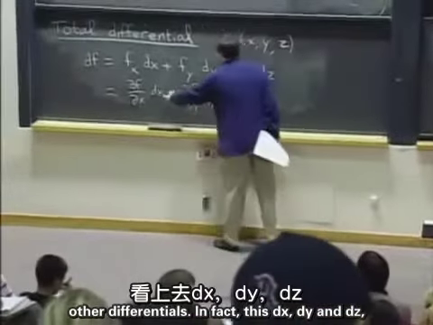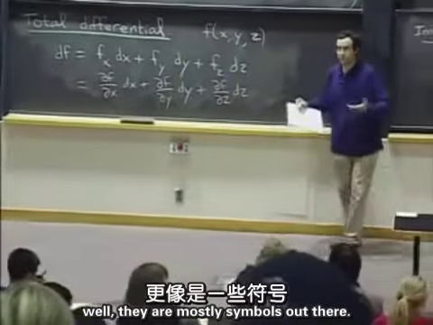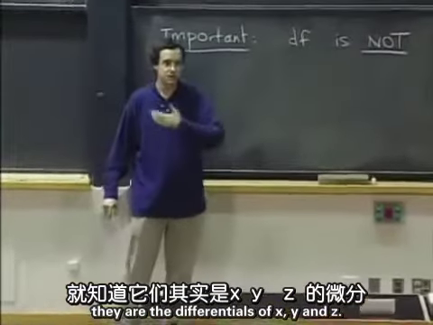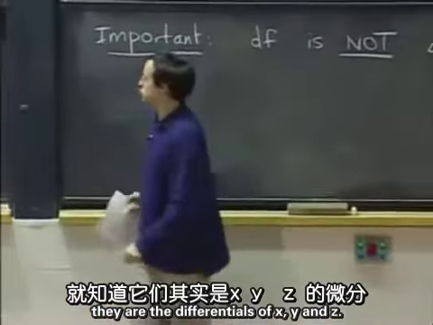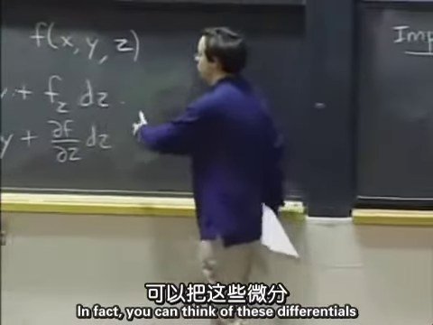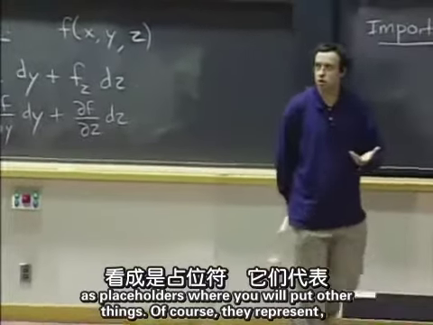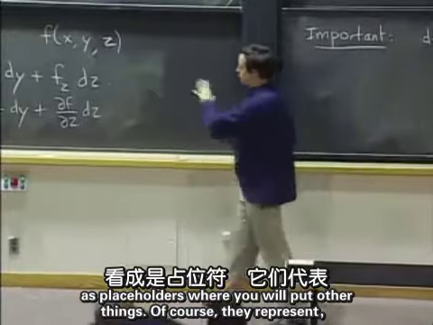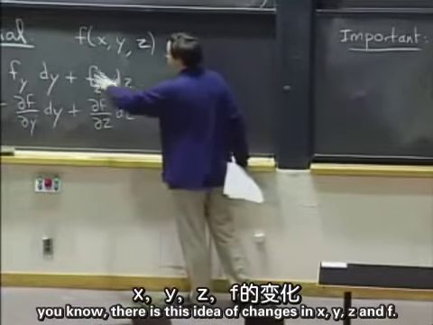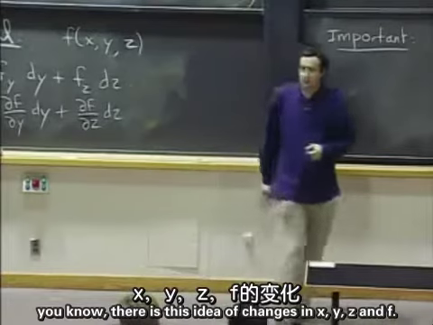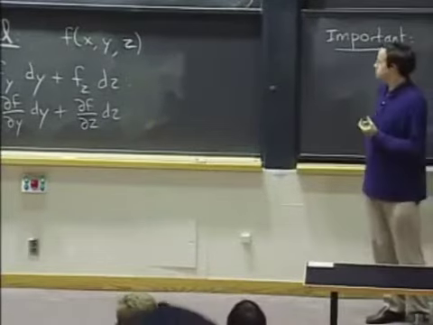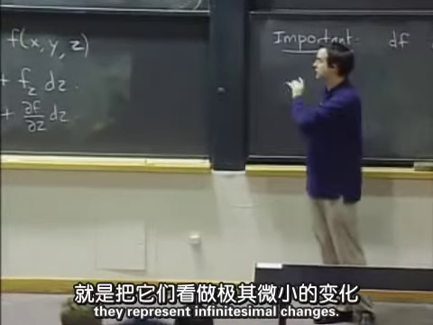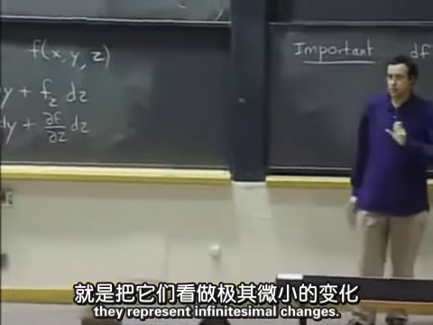So in fact, this dx, dy, and dz are mostly symbols out there, but if you want to think about them, they're the differentials of x, y, and z. You can think of these differentials as placeholders where you will put other things. Of course, they represent this idea of changes in x, y, z, and f. One way that one could explain it, which I don't really like, is to say they represent infinitesimal changes.